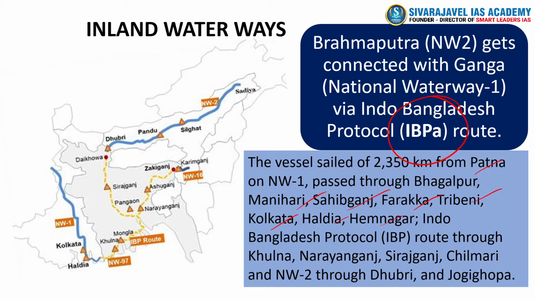Then it connects to the IBP route, and then connects to National Waterway 2, where it passes through Dhubri and Jogighopa. By passing through all these regions, it finally reaches Pandu, which is in the current affairs now.